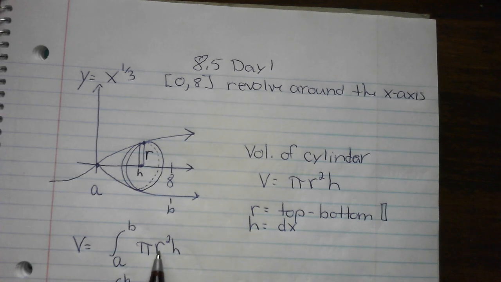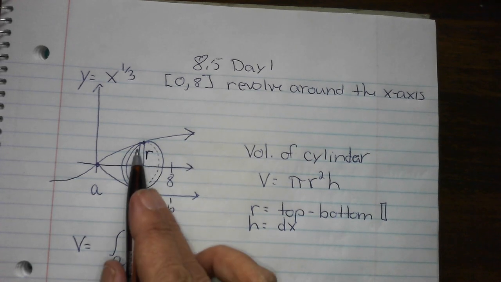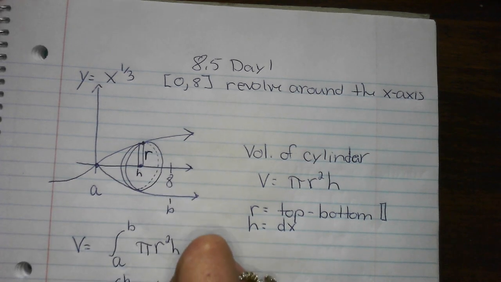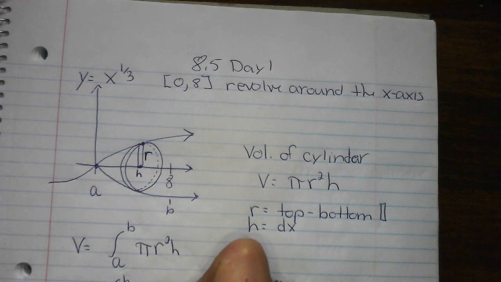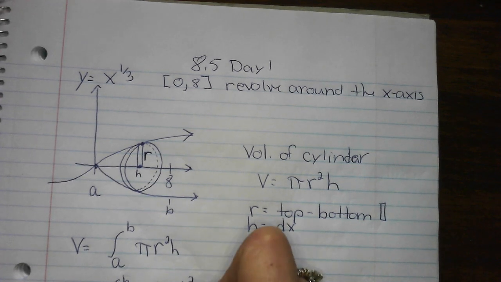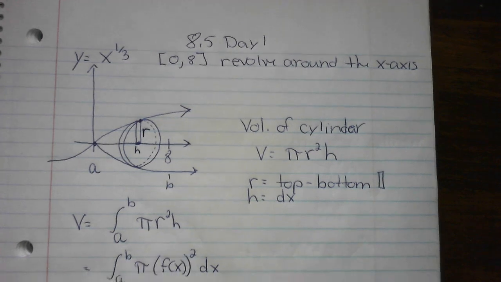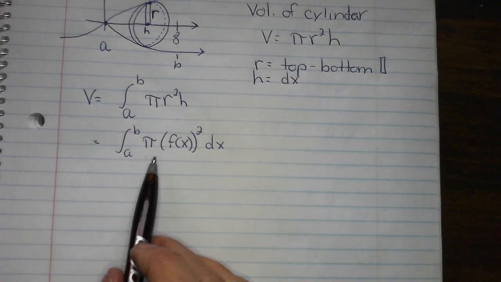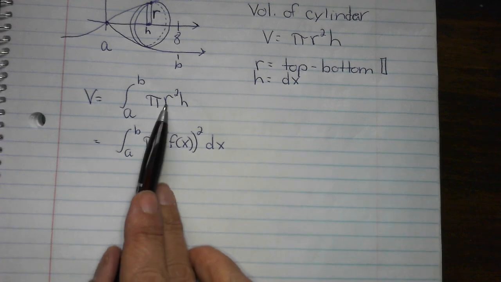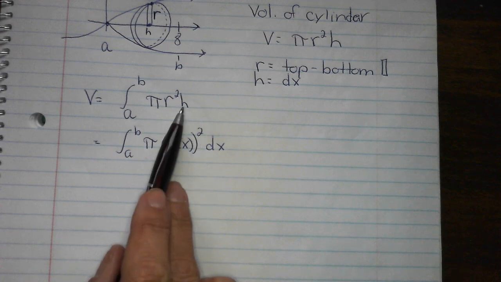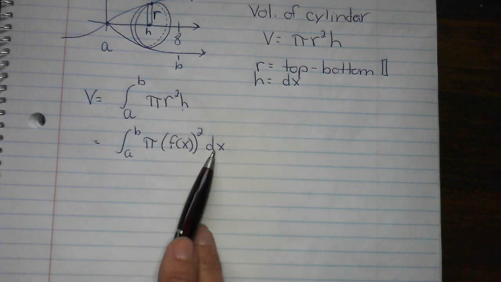Our radius, when it's touching the x-axis, is given by our equation, our f of x. That has to get squared, and then our height changes to dx. So all I did was substitute the radius for the equation. Formula says you've got to square it. The height of the cylinder is given by our dx value.